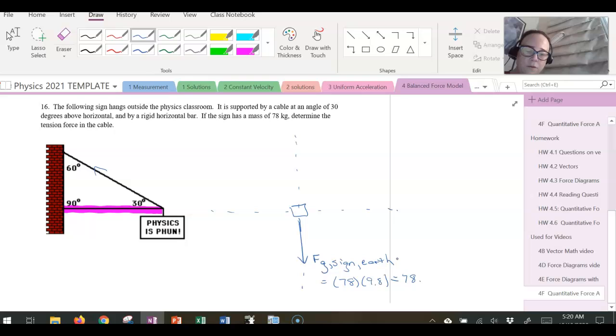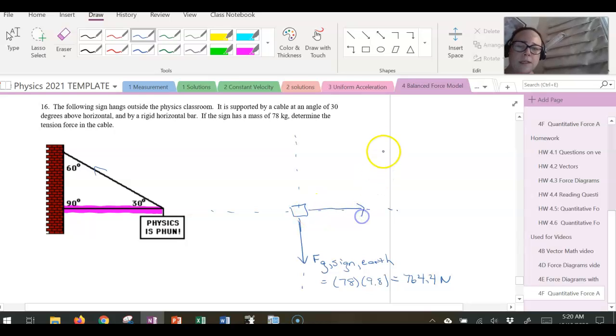Of 764.4 newtons. And because it's being supported by this rigid bar, the bar is pushing the sign to the right. So there is an applied force on the sign by the bar. I don't know what that is yet.